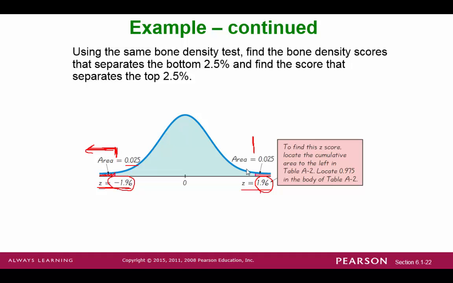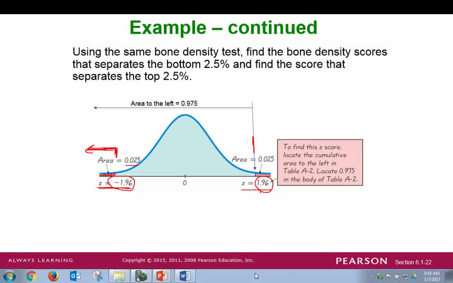What we want to do is find the area to the left side of that. So if the area to the right is 0.025, the area to the left is 1, or I'm sorry, it's 1 minus 0.025, which is 0.975. So knowing that, we can go back to using our calculators and find our inverse norm.